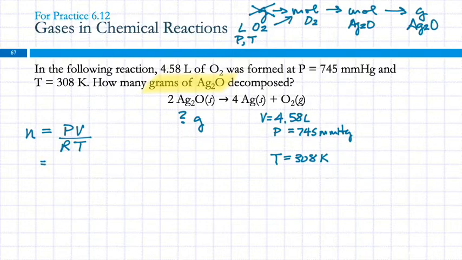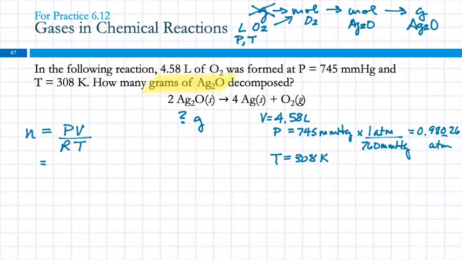So the pressure is 745 millimeters of mercury. Is that going to work in the ideal gas law? No, I need atmospheres. So there's 1 atmosphere for every 760 millimeters of mercury. So that's 0.98026 atmospheres.